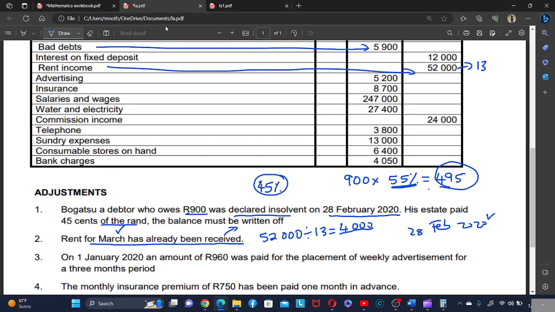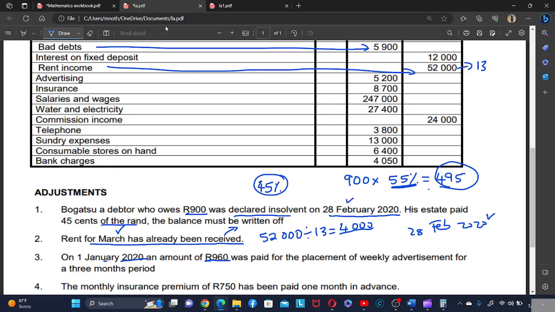Okay. On the 1st of January 2020, an amount of 960 was paid for the placement of weekly advertisements for a 3 month period. Now, remember, our year ends on 28 February.